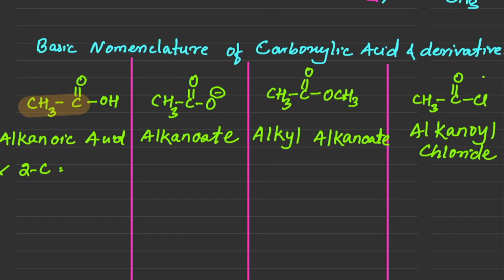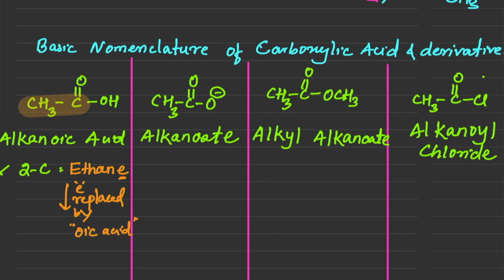And what is the name? What is the alkane name? If we have 2 carbon atoms, it's going to be ethane. Now the E here is going to be replaced by oic acid.